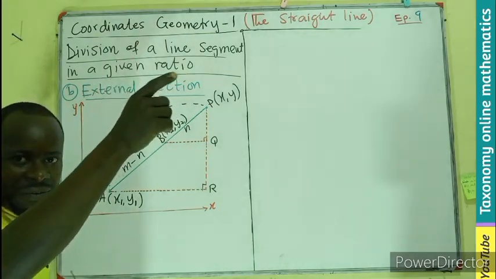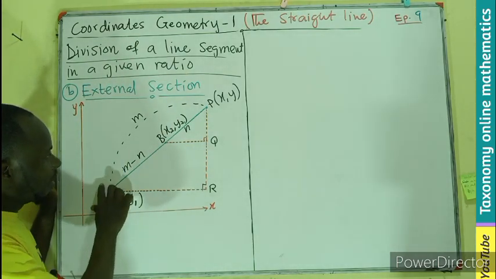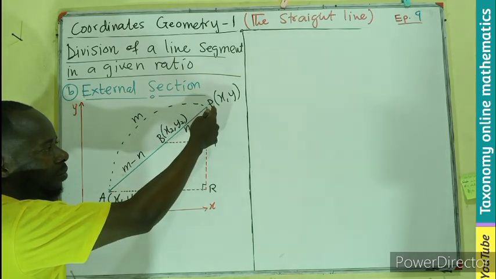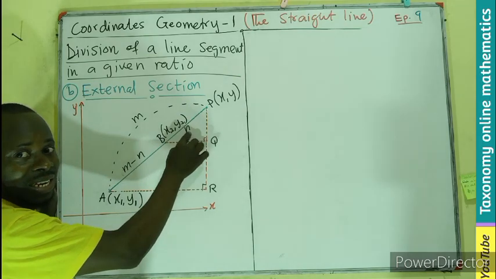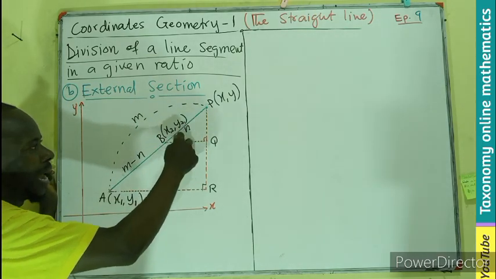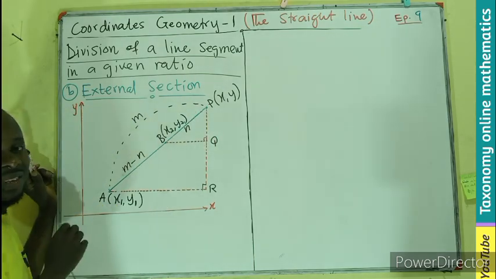C is an external division, okay? So all the way to P will be given as M. Then the small extension is N. Therefore, the longer side minus the extension will give us here.